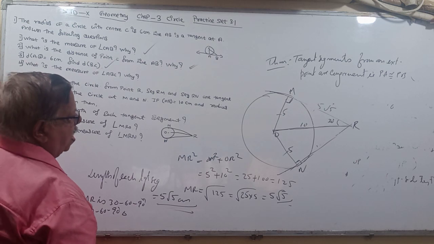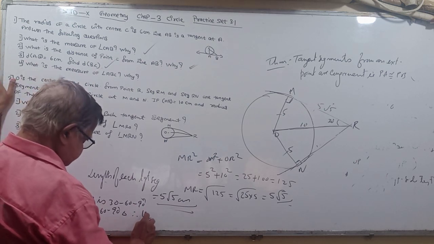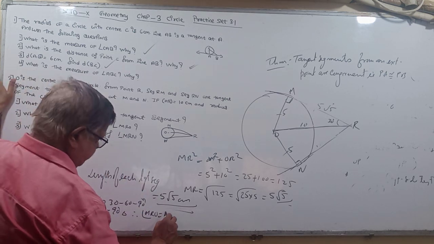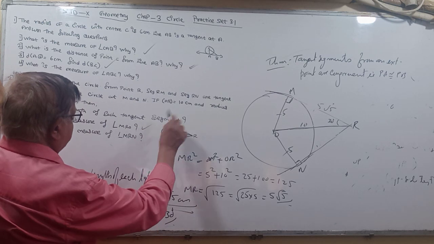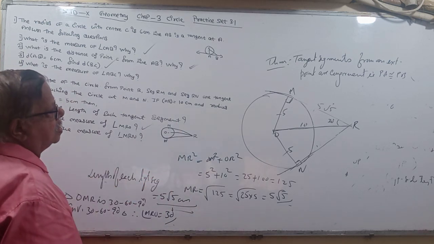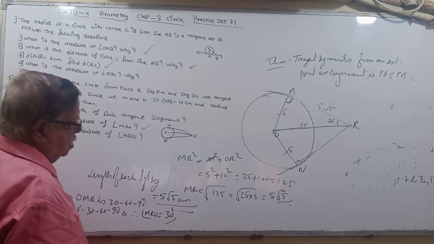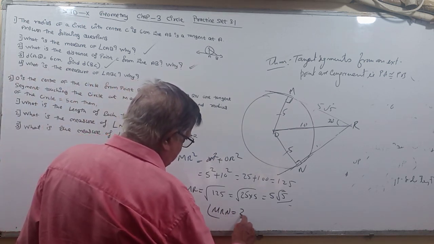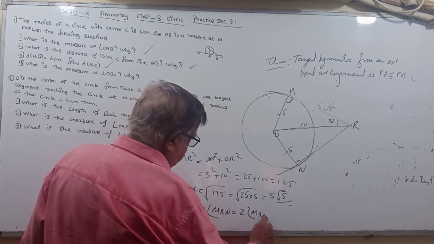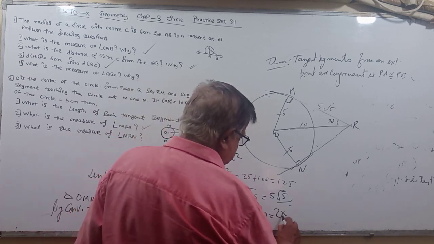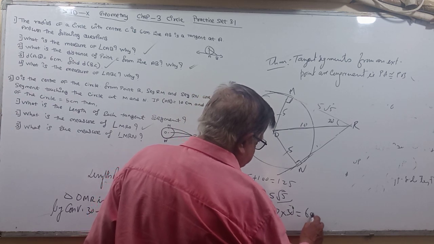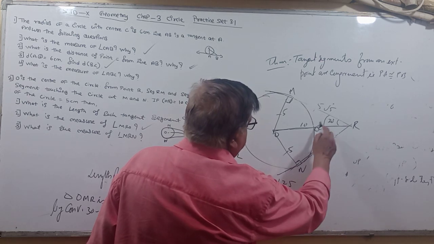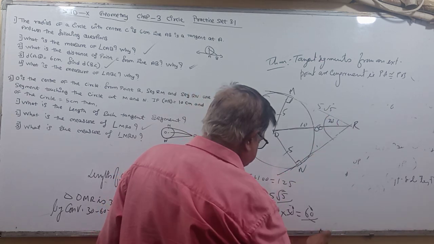Therefore, angle MRO is equal to 30 degrees. MRO is done. MRN equal to twice angle MRO equal to twice 30 degrees equal to 60 degrees. This is 60 degrees. This is 30, so its double will be 60 degrees.